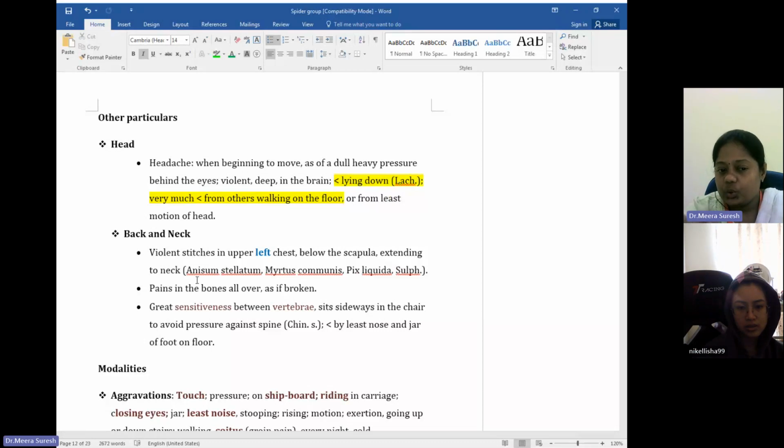Though we say left chest-sided pain moving towards the scapula or neck region, the medical condition we usually think of will be MI or angina. But in this case, in Theridion, more than angina, it is tuberculosis-related pain that is seen.